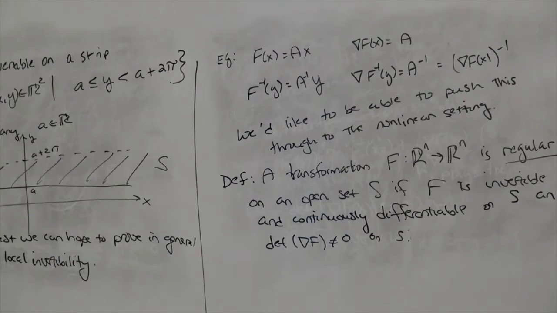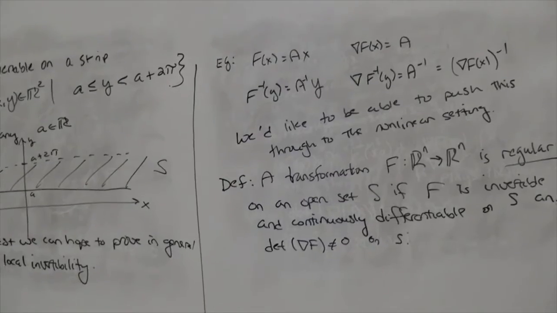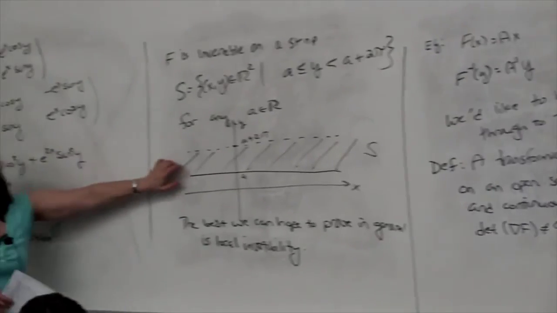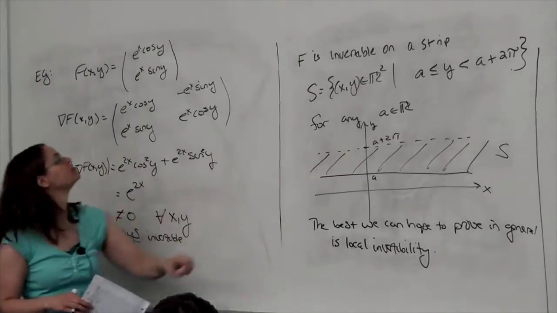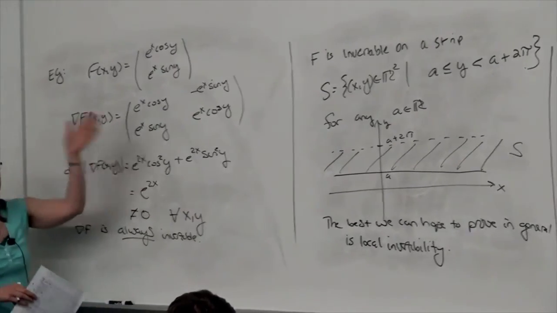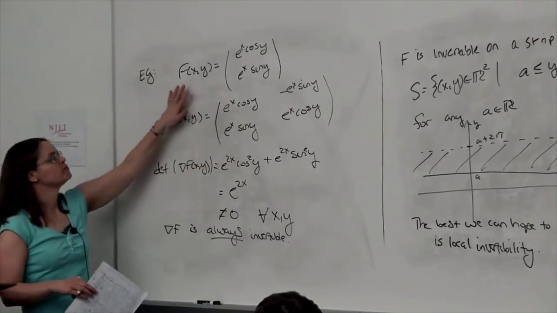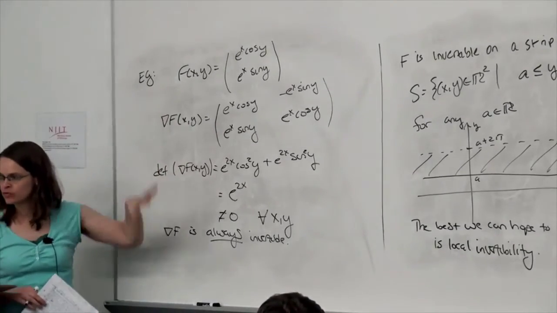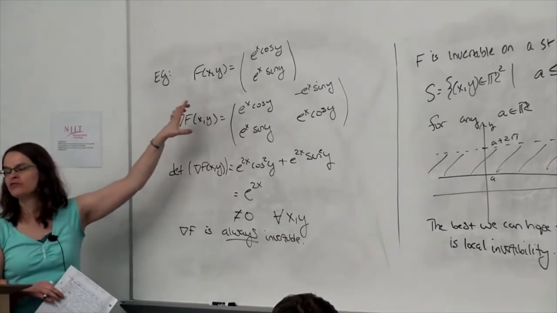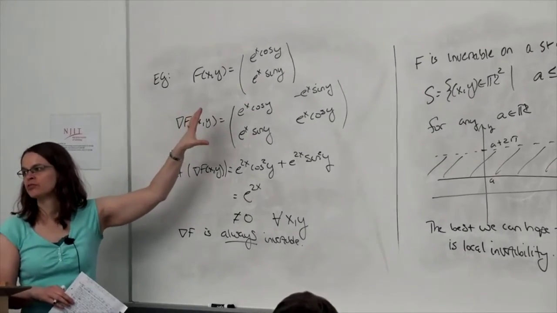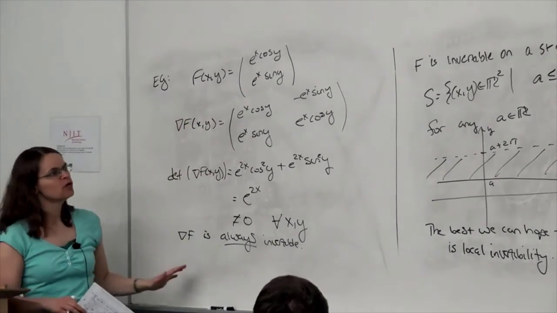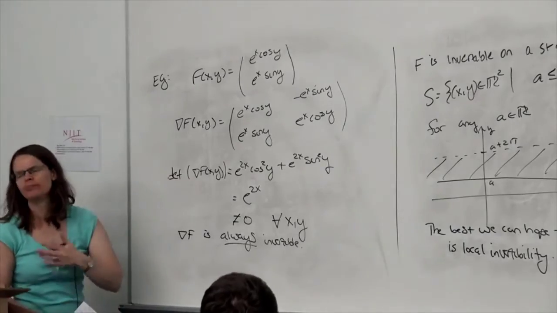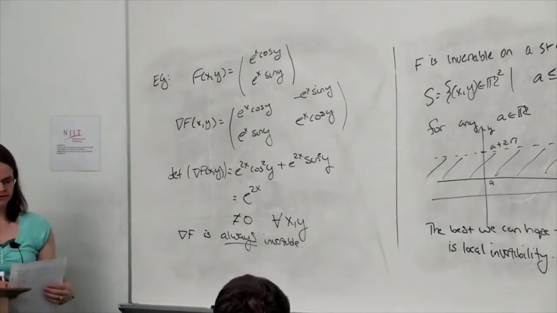Okay, so something like this would be regular as long as we restrict to sets S like this. Because, what is this? This is invertible on that set. The Jacobian is beautiful and continuous and invertible, no problem. So this is the kind of function that we expect we might be working with. Not that it's globally invertible, but we can find a set on which it's perfectly well behaved and does all that we want.